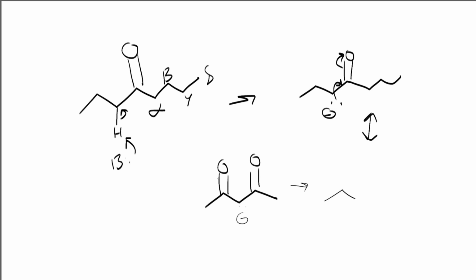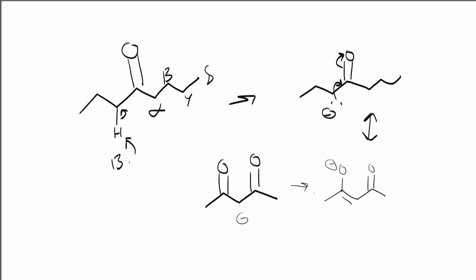So this is going to be 70 to 90% in this form, as opposed to the non-enolate form. So depending on the type of beginning carbonyl that we're working with, it's going to determine the bases that we use.